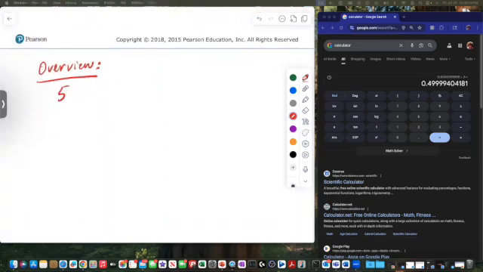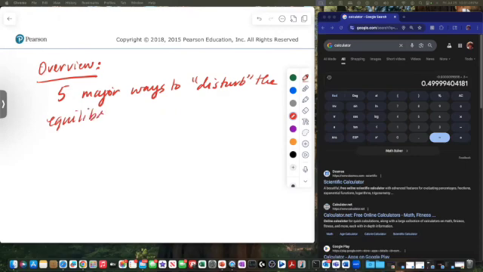There are 5 major ways to quote unquote disturb the equilibrium. Okay. One of the major ways is by adding more reactants when we are already at equilibrium. So we already achieved equilibrium, right?